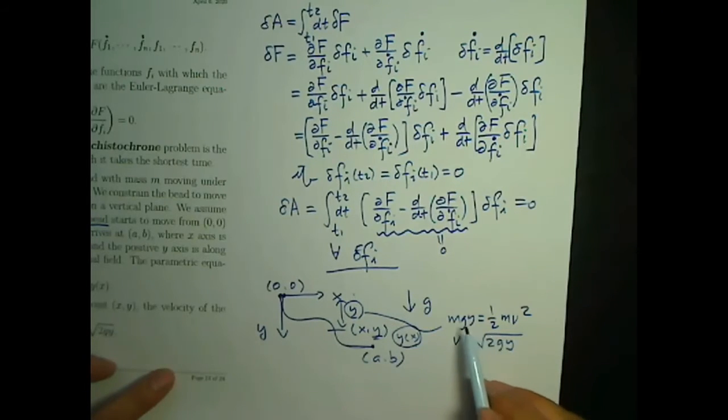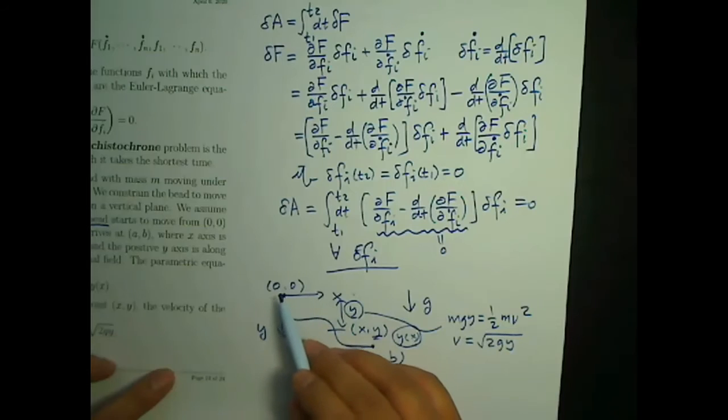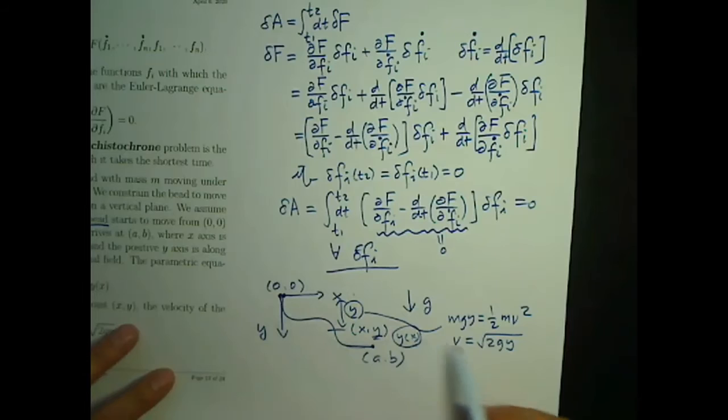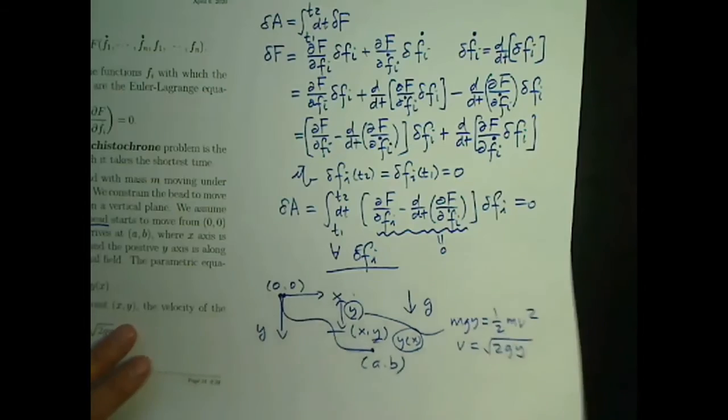The kinetic energy, and it departs the origin without velocity. Then the total mechanical energy conservation states that the potential energy is completely shifted to the kinetic energy. The velocity at point y is v equals square root of 2gy.